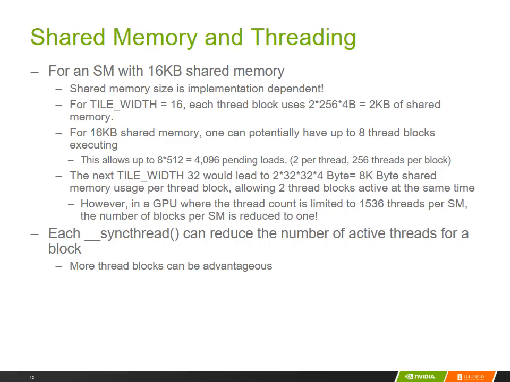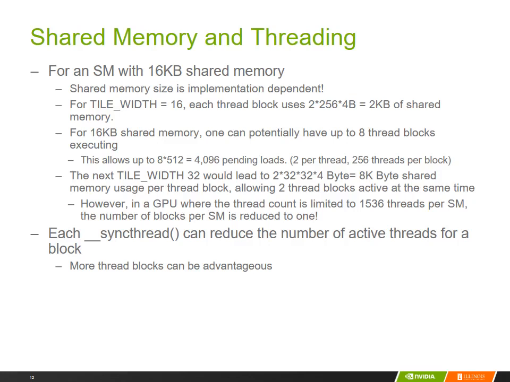For example, if we have a streaming multiprocessor with 16 KB of shared memory, for the tile size of 16, we know that we need to accommodate 2 tiles of 256 elements each, and there are 4 bytes in each operand element.